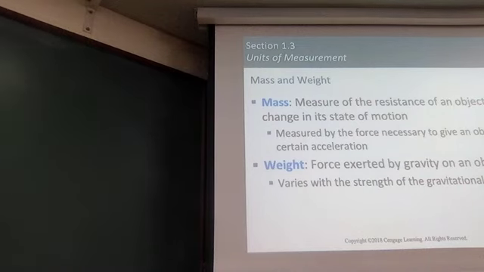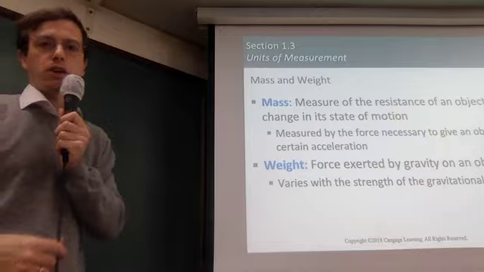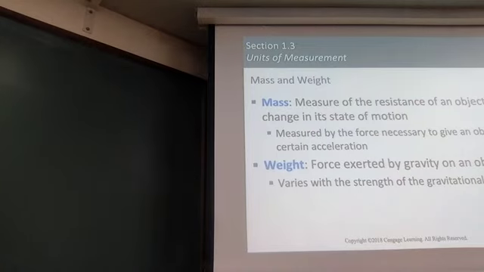So the weight is directly related. We usually call this directly the force, while the mass is the resistance, this property. And the weight varies with the gravitational field. Here, g is the gravitational constant.